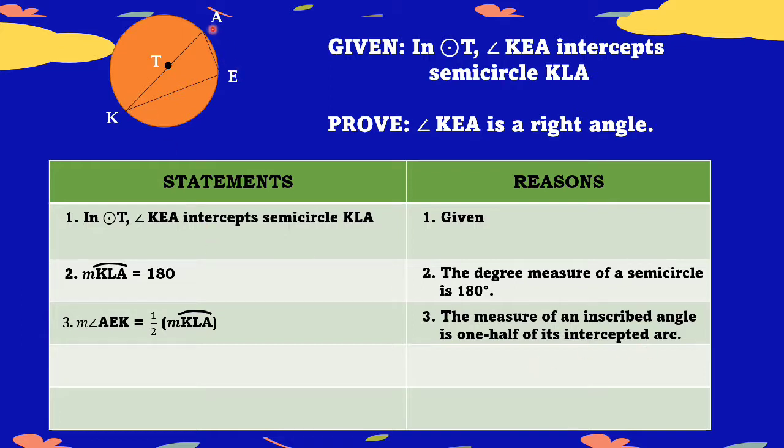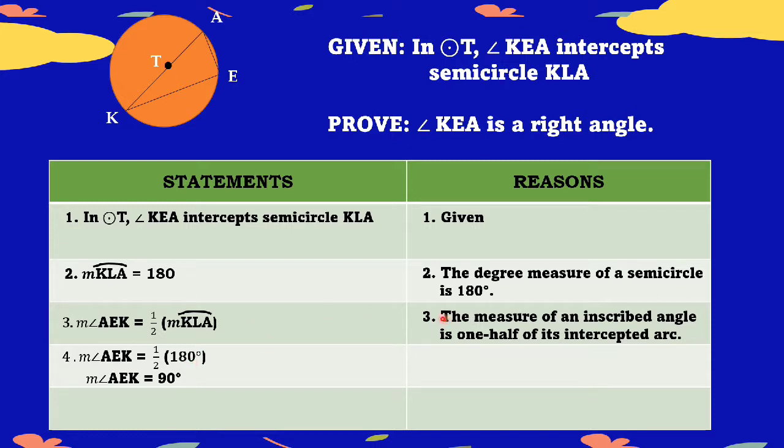To explain this, we rely on theorem number 4, that the measure of an inscribed angle is 1/2 of its intercepted arc. Since the measure of arc KLA is equal to 180 degrees, we can substitute it now in number 4. The measure of angle AEK is equal to 1/2 of 180 degrees.